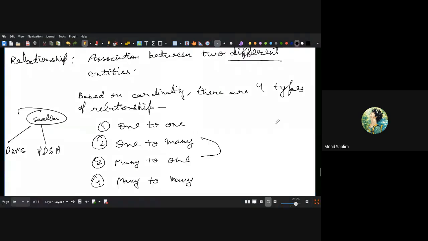But can I say that this DBMS is having association with different students? Now, what will you say? Now tell me, is it again one to many? Yes, one to many, sir.